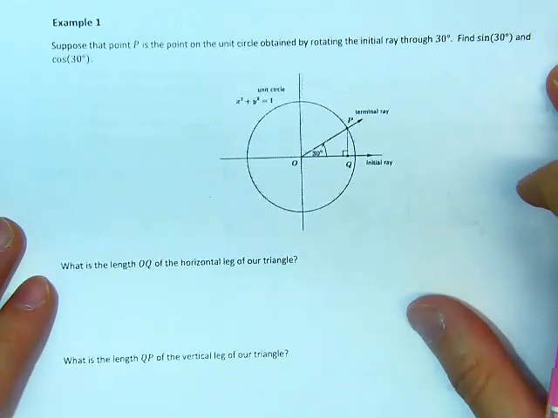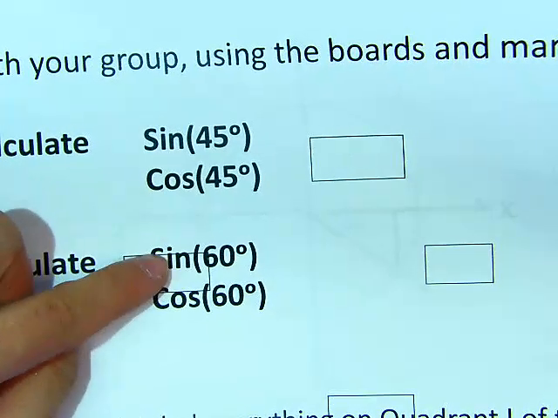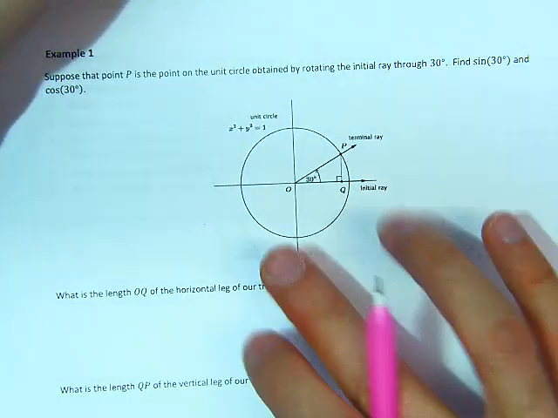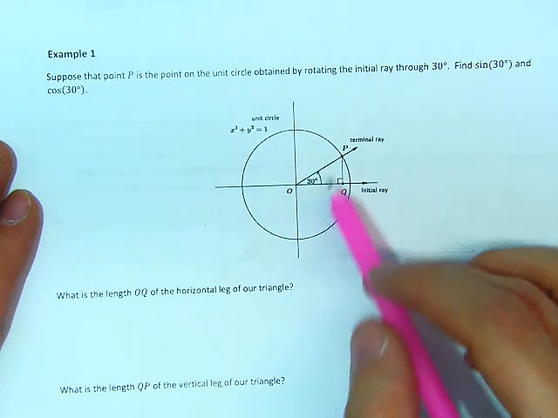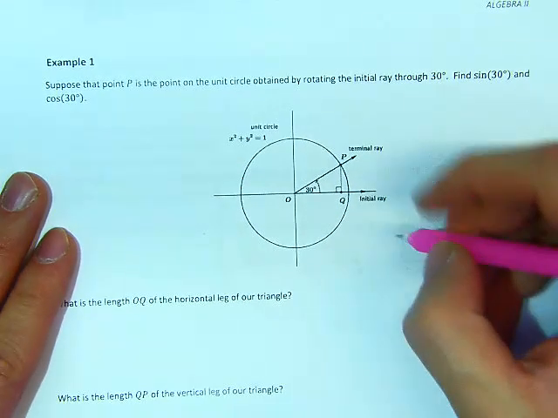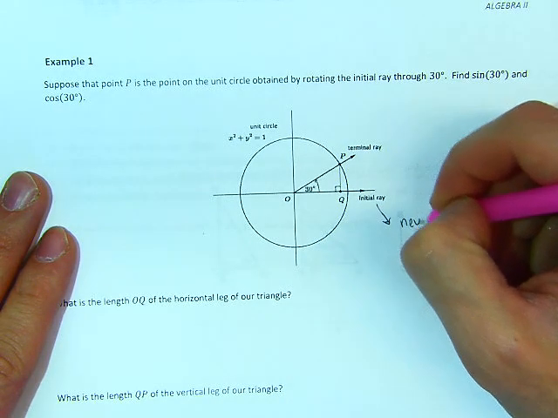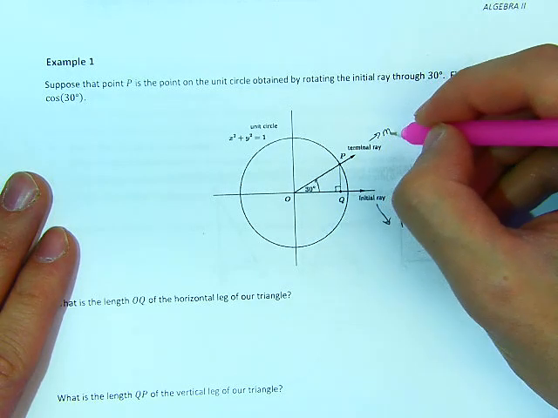Okay, let's continue. So the last video I said find sine of 45 and cosine of 45, sine of 60, cosine of 60. I'll do that in a second, but let's continue with this. Now that we have a good idea of the unit circle, the initial ray, and the terminal ray, remember, the initial ray never moves, and the terminal ray, this one, moves.